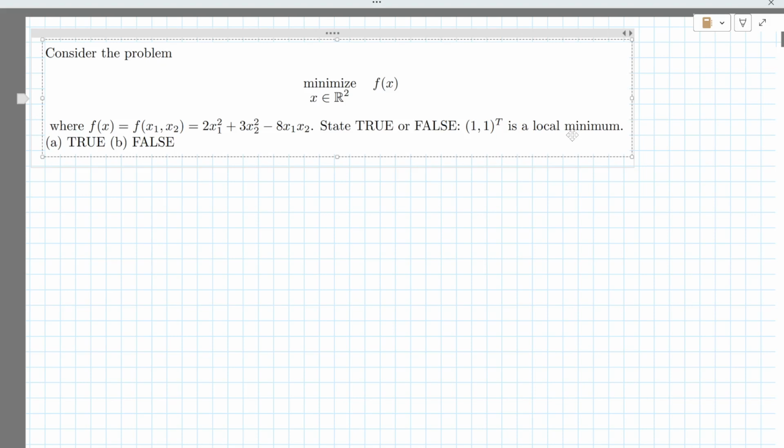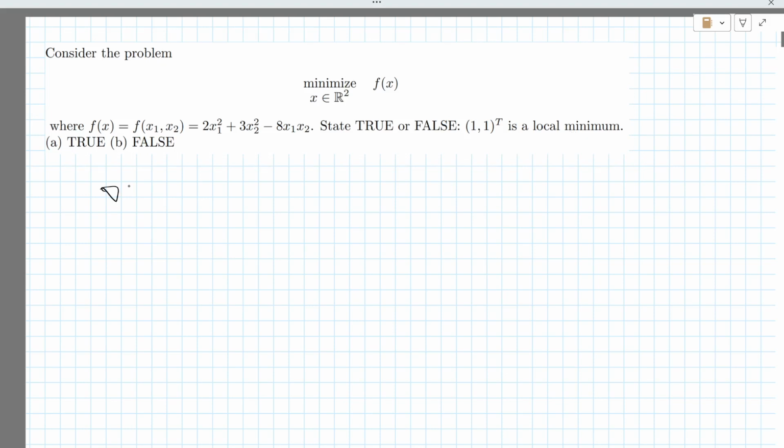One important requirement for a local minimum is that the gradient at x star should be equal to 0. So let's look at the gradient. If x star is a local minimum, then this should be satisfied.